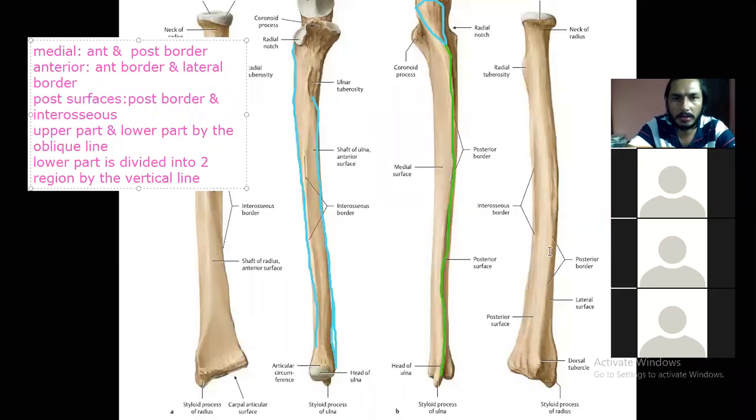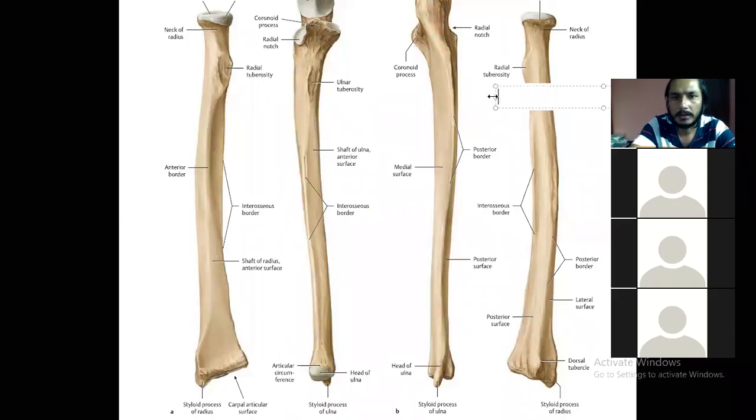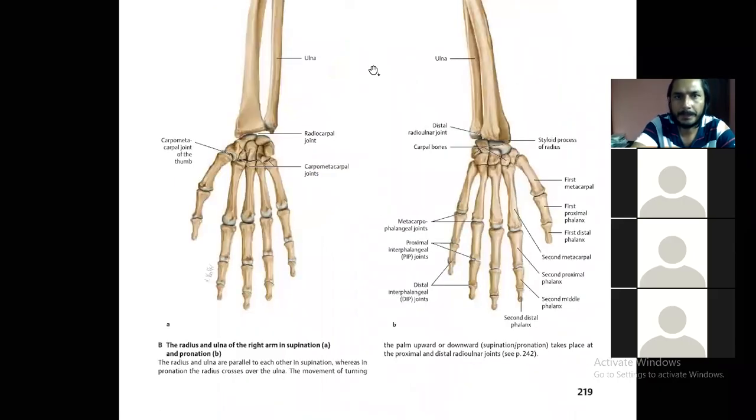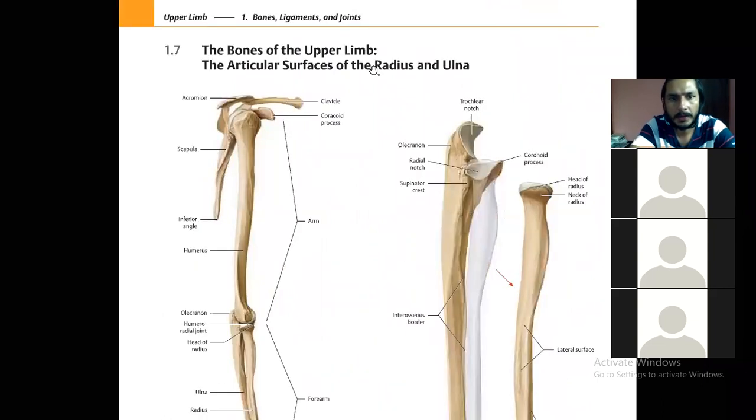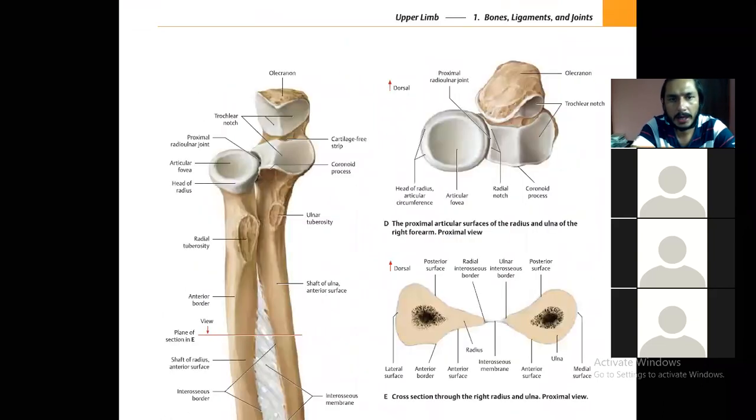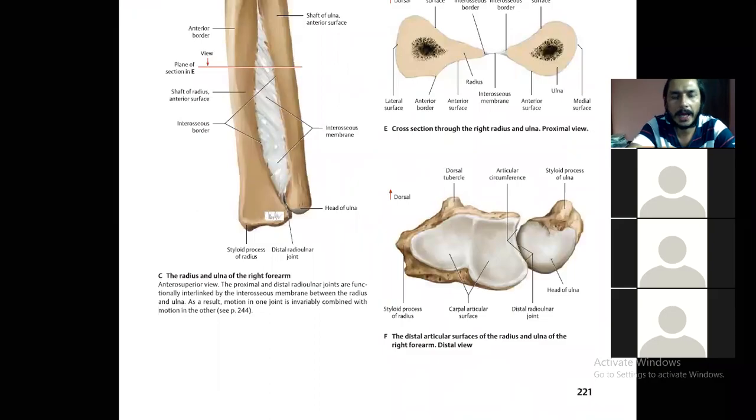Let me show you in diagram. Can you see this diagram here? This is the head of ulna. In the lower end of the radius, you will find the ulnar notch.